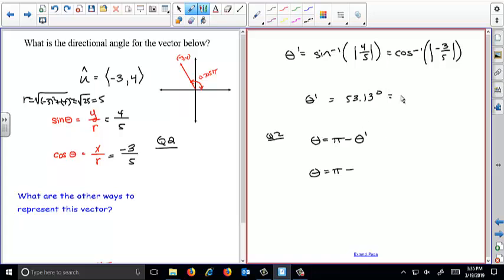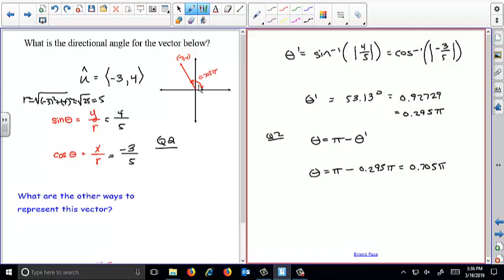So that's 0.92729 radians, and divide by pi. So you get 0.295 pi. So theta is equal to pi minus the reference angle, 0.295 pi, and you get 0.705 pi.